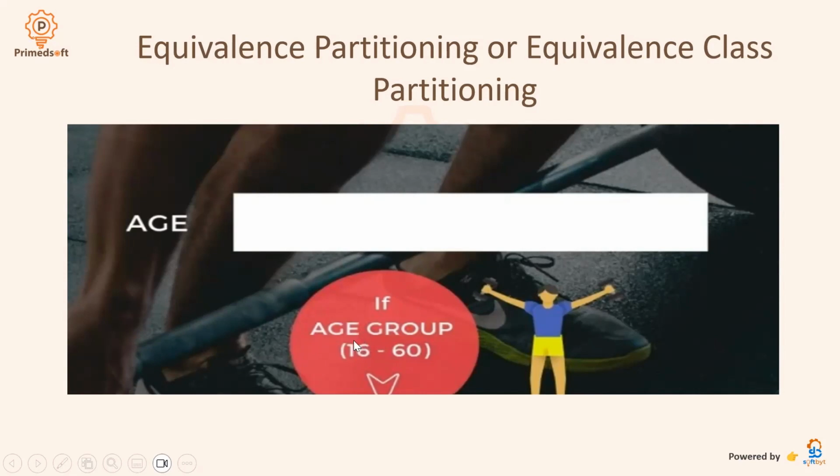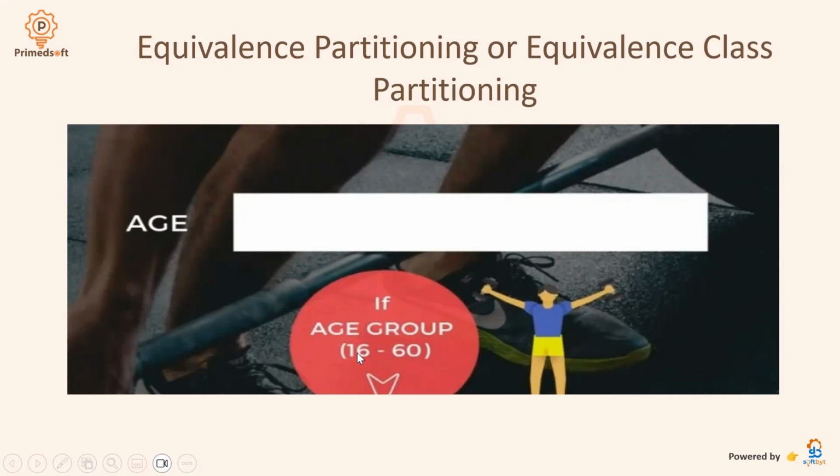Have you seen that by so doing, we have divided all the possible inputs into partitions? From 0, since you can't have someone that is -1, to 15 becomes our invalid partition, because if you enter it, you will not have access to the website.